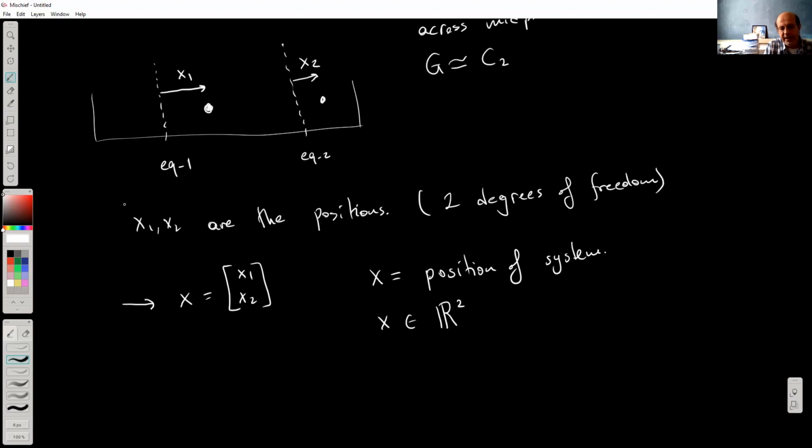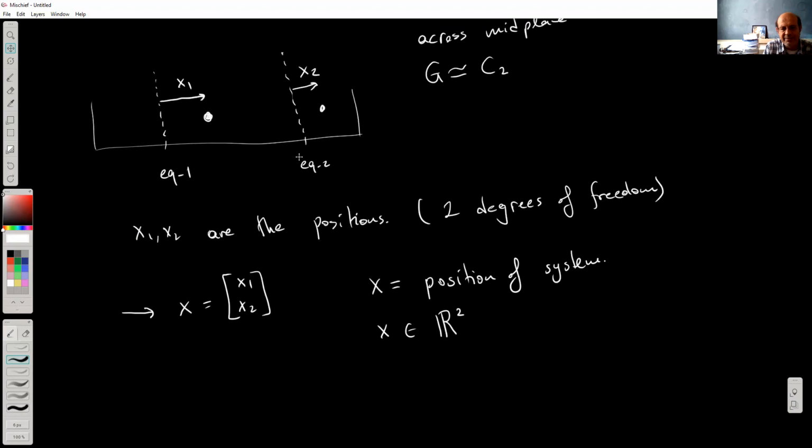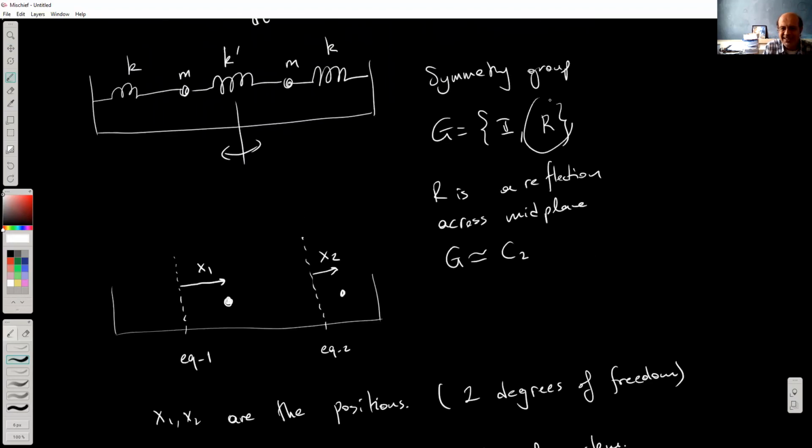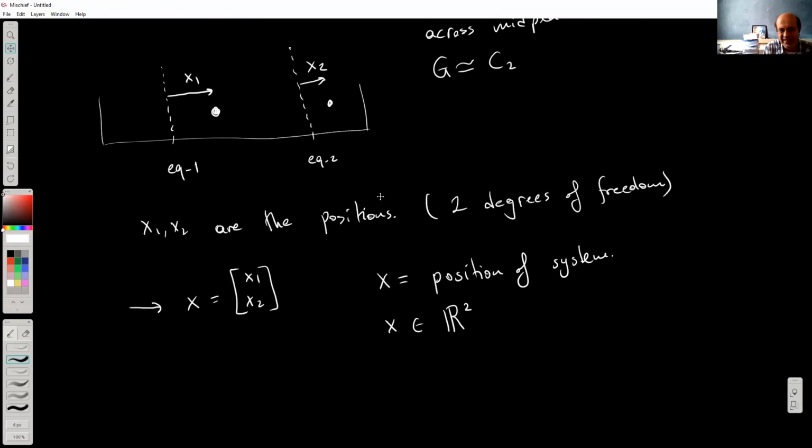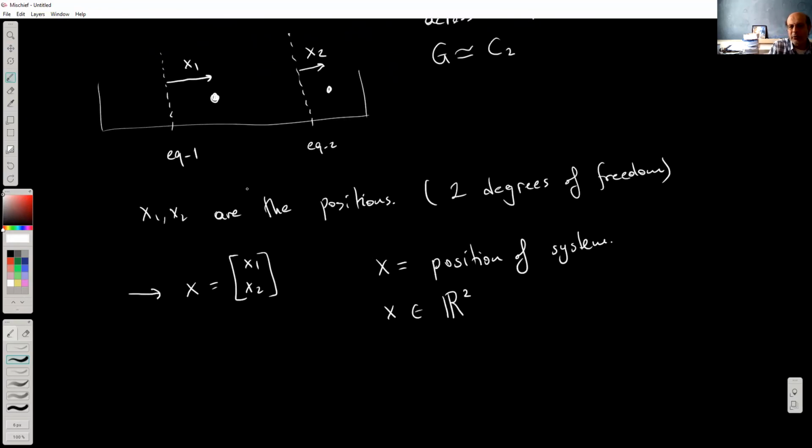So we're basically talking about this symmetry operation in here, which is basically the reflection. So how can we express the reflection in here? So the basic idea in here is this. Let's say it like this.